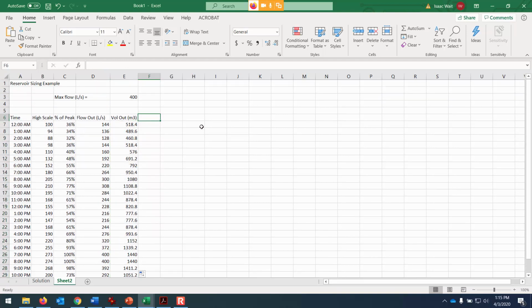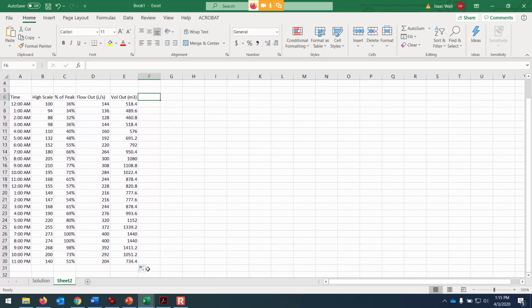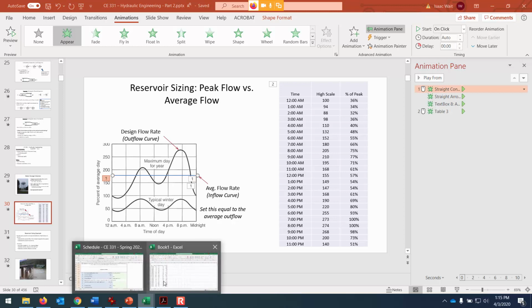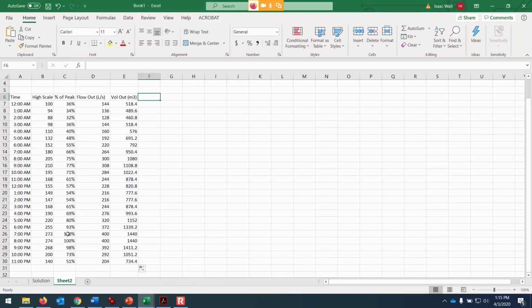And let's also have the average calculated here, because according to the method that we're following, we are assuming that the flow in to the tank is the average of the outflows. And so we need to calculate the average outflow.